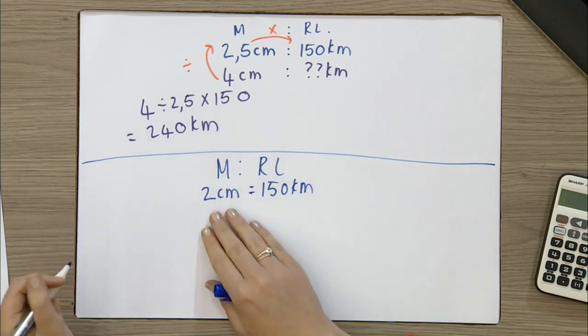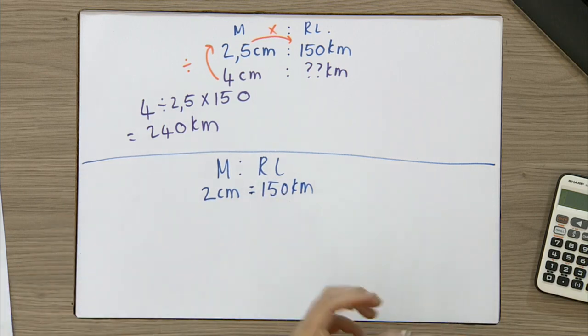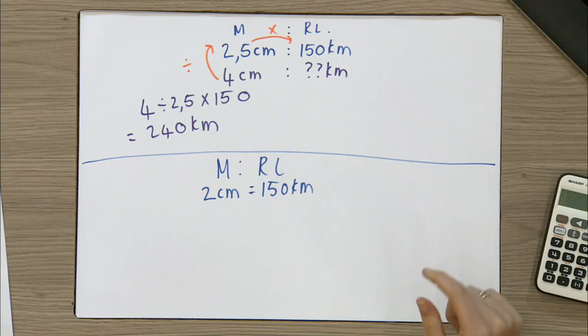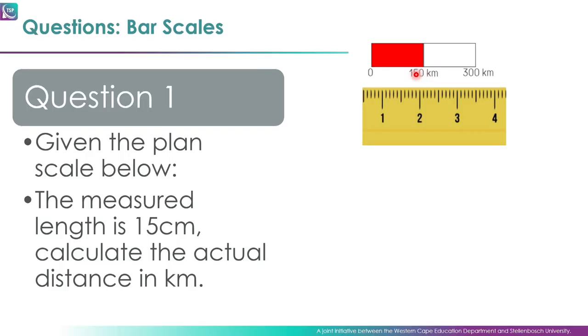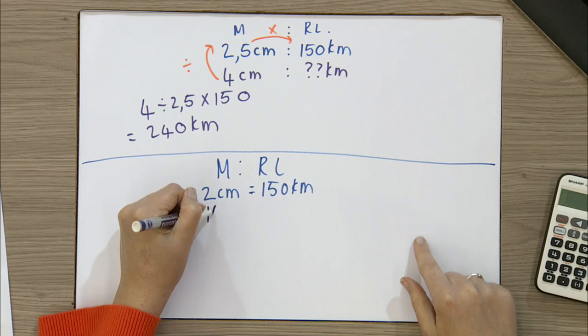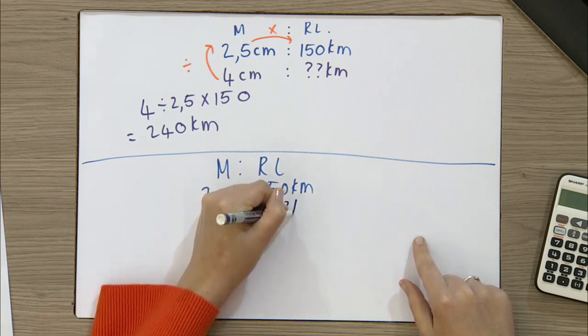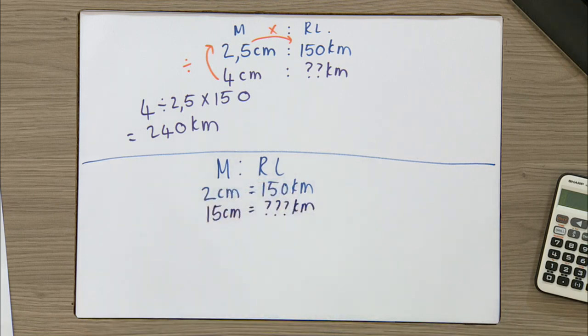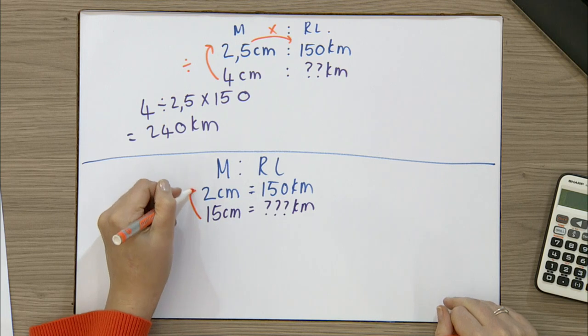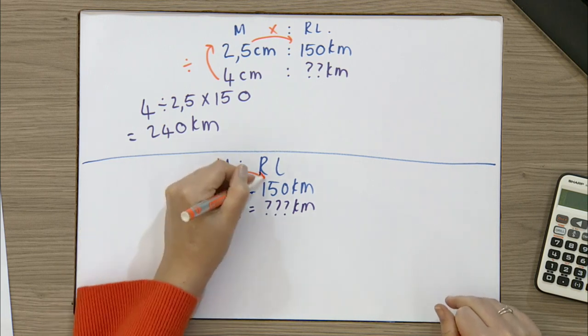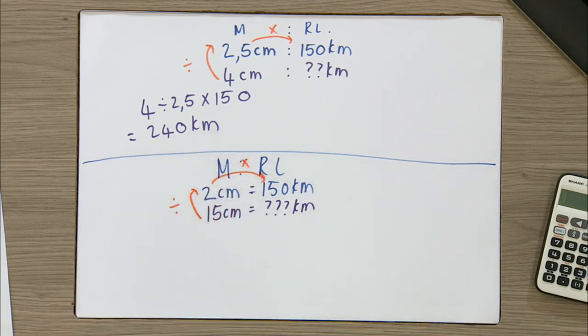So because 2 centimeters is equal to 150 kilometers, if I go back to my question, it's saying the measured length is 15 centimeters. So measured on the map, 15 centimeters is going to be how many kilometers? And now you know, because I'm lazy, I'm just going to use my magic method where I divide up and multiply across.